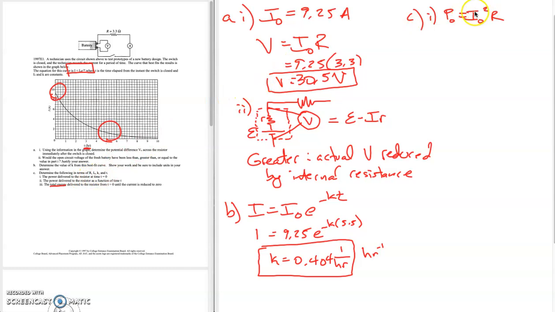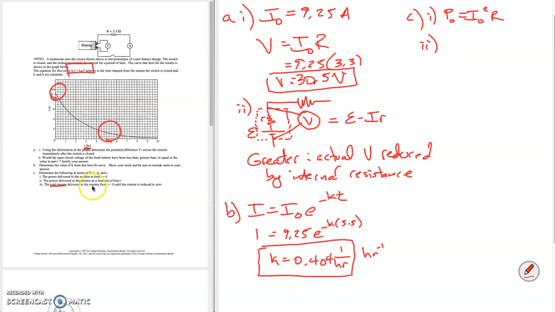So we're going to have I naught squared times R, and you could plug in those numbers, 9.25 squared times 3.3, but in terms of givens, that's nice. We don't actually have to plug in the numbers. That's great. So we just have I naught squared R.